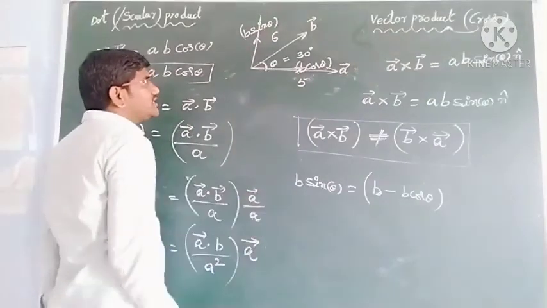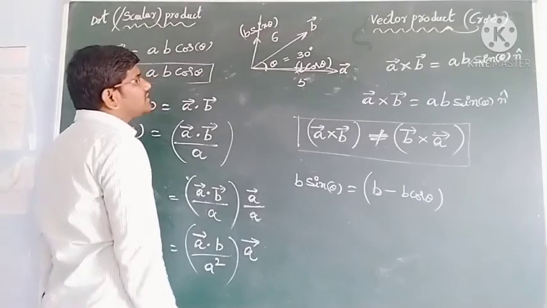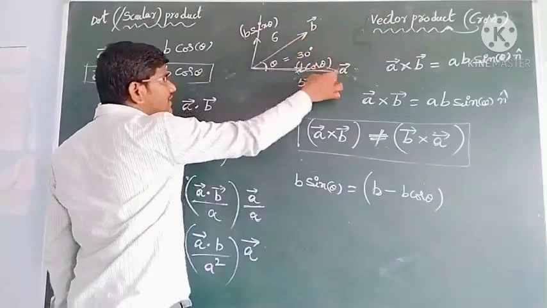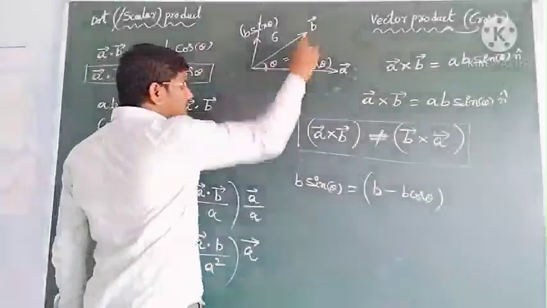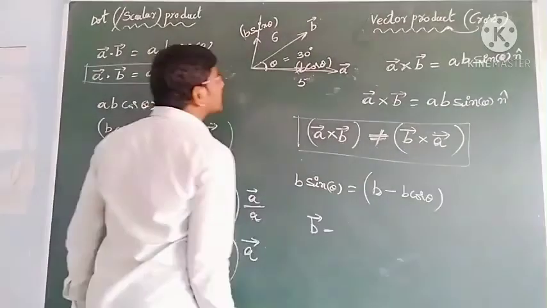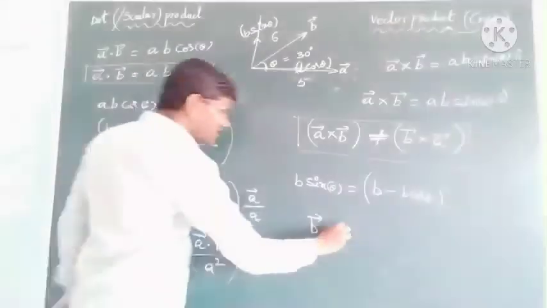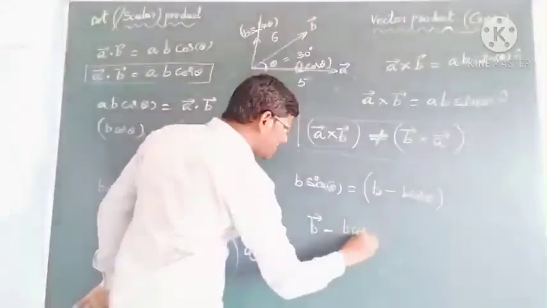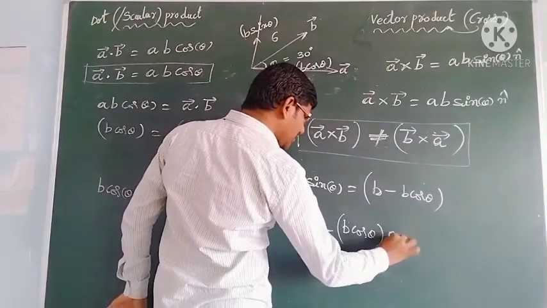Otherwise you can do it like this also. Find the vector component of B bar which is perpendicular to A bar. So the vector component of B bar means the original vector is B bar, and I am subtracting B cos theta into A cap.